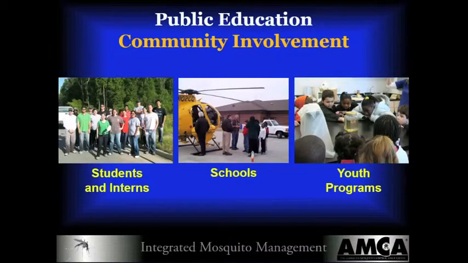We go out to schools and do some education there for kids in terms of what mosquitoes are, what they do, how you can control them, how you can keep them away from your house, and some youth programs, YMCA. I've done a lot of work with the Boy Scouts and Girl Scouts and things like this. So get the community involved with your program. Without their support, you probably shouldn't be doing what you're doing.